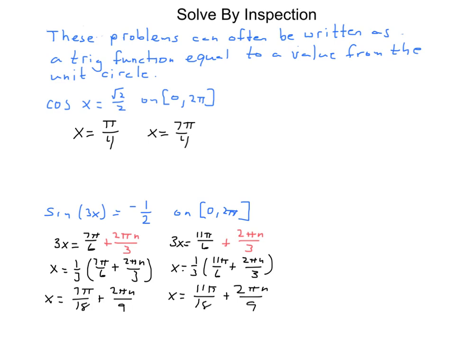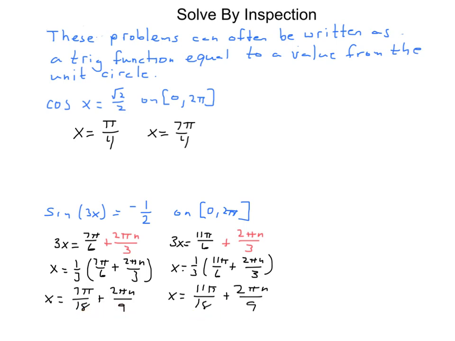Now what we need to do is generate every solution to this particular equation for all the values from 0 to 2 pi. So in other words, I need to find every number between 0 and 2 pi that when I plug it in for x, I'm going to get the correct solution. And to do that, I'm going to use these two pieces.